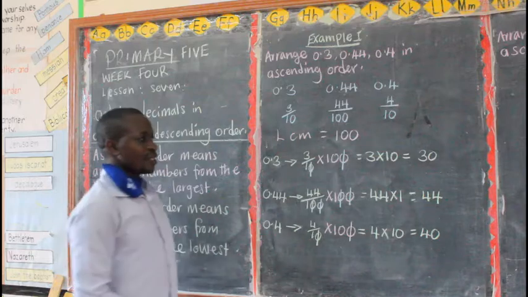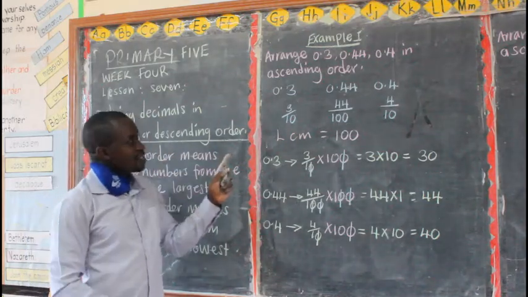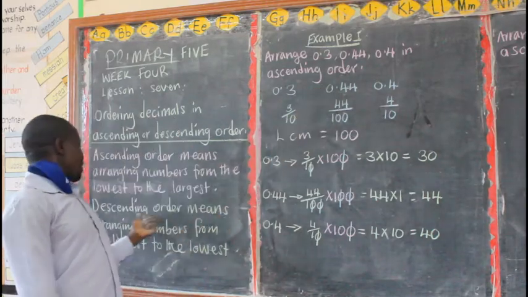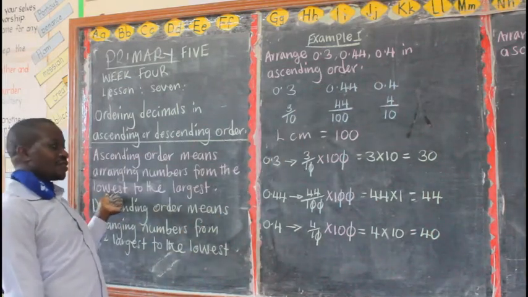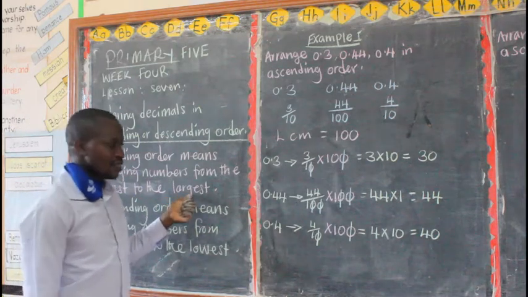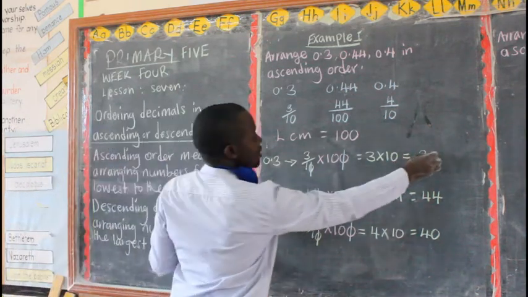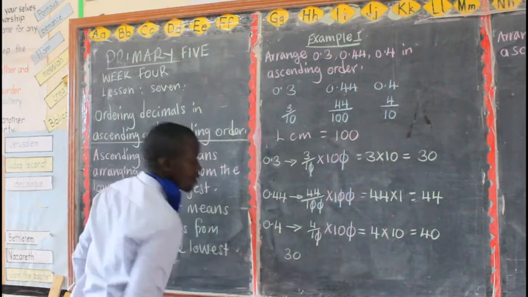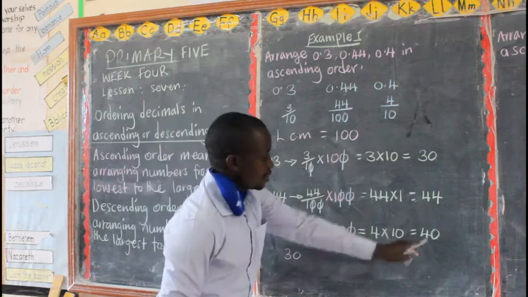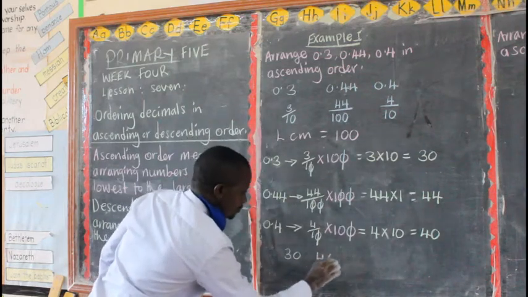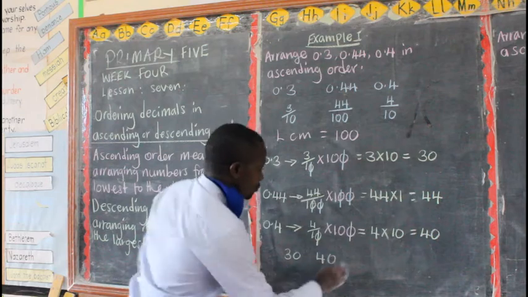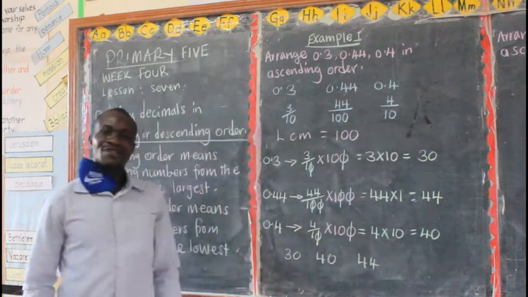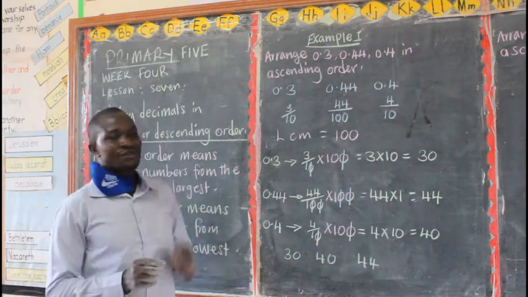Then they have told us to arrange in ascending order. Remember, we have said that ascending order means from the lowest to the largest. So the lowest here is 30, followed by 40, and the highest is 44. But these are whole numbers. The numbers they have told us to arrange are decimals.